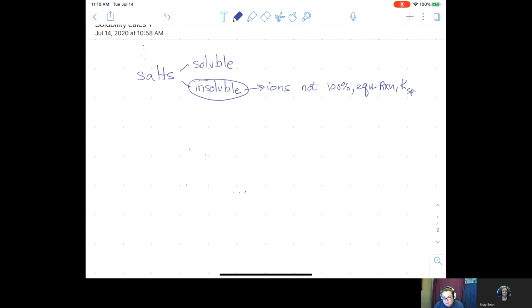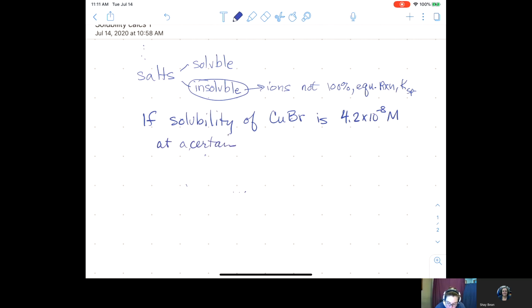So there are several kinds of questions we run into. This is not to replace your lecture videos, but for example, let's say we have the question: if the solubility of copper 1 bromide, which is CuBr, is 4.2 times 10 to the minus 8 molarity at a certain temperature, what is the KSP?